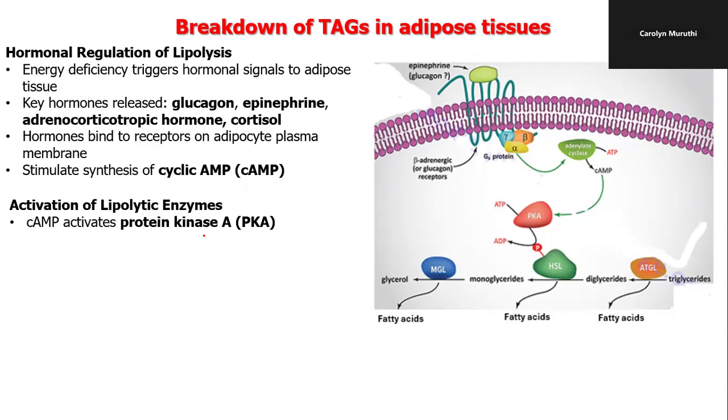First, it phosphorylates perilipin, causing it to change conformation and therefore expose the lipid droplet surface. At the same time, it will activate the hormone-sensitive lipase, one of the key enzymes involved in TAG breakdown. It is important to note, as illustrated here, that the hormone-sensitive lipase does not begin the process.